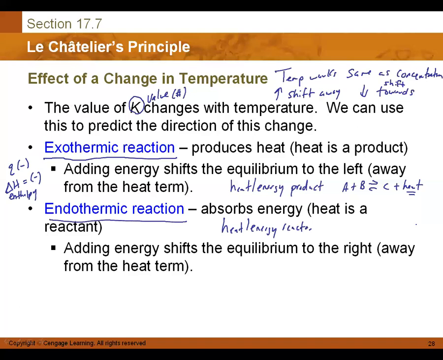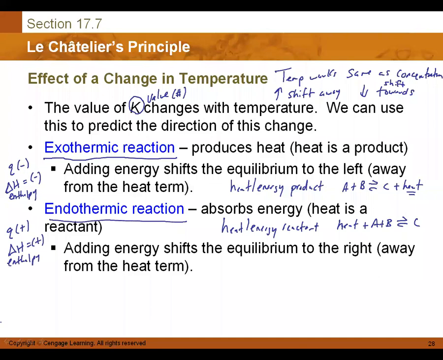And it would actually be written into the formula on the reactant side if you put it in. And also for endothermic, if we calculate Q, that's a positive number, and delta H would also be a positive number as well.